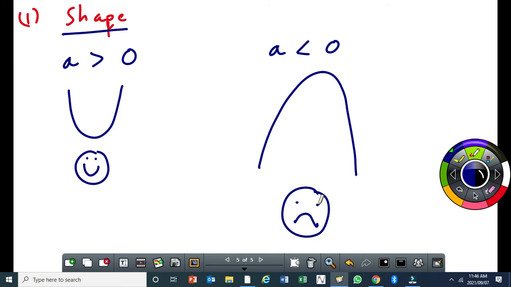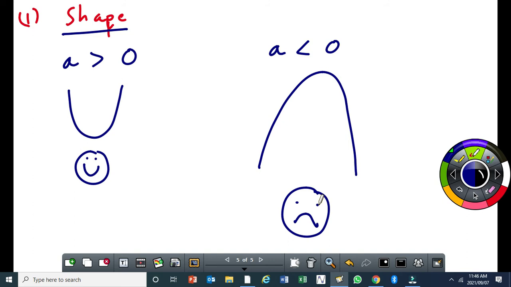That hasn't changed, and that won't change. So if the constant A is positive, you have a smiley face. If the constant A is negative, you have a sad face. Now you have a maximum turning point if A is negative. The minimum turning point is when A is positive. Are you following that?